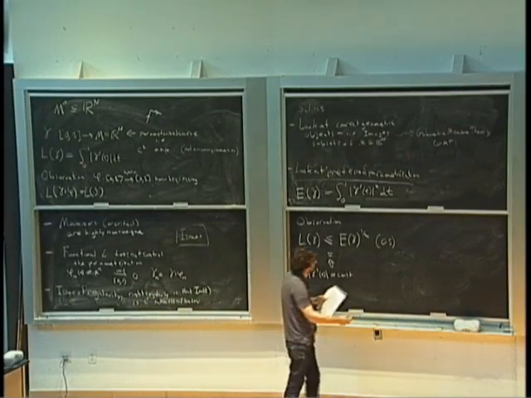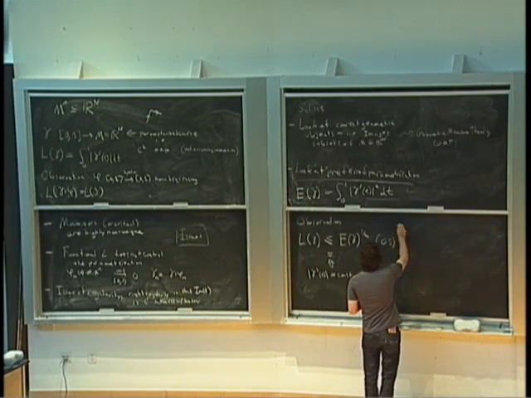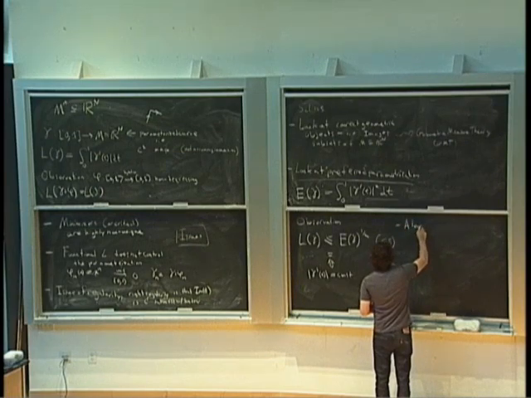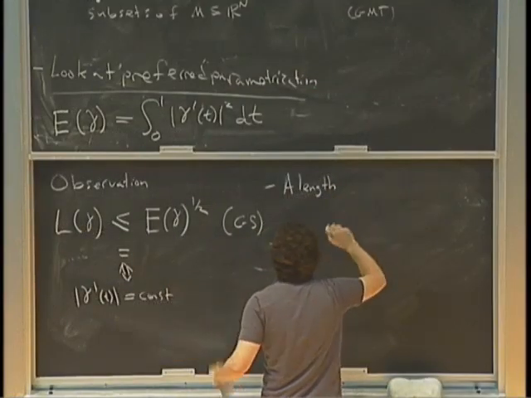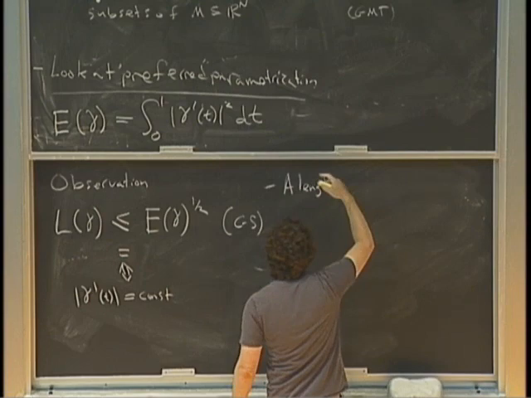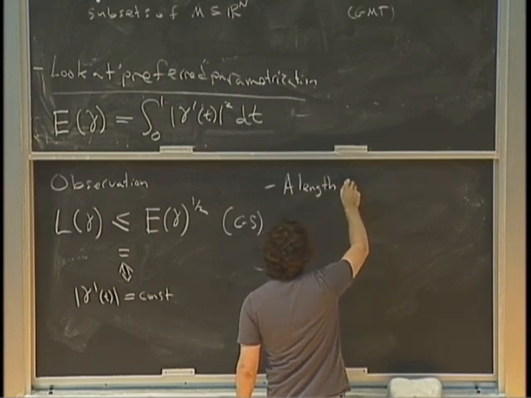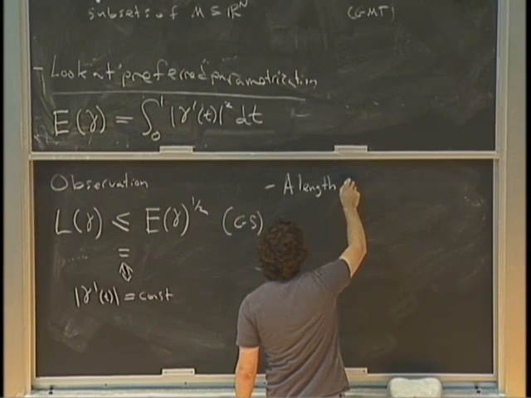Okay, so again, one observation is that a length minimizing curve, fix some endpoints, say. It's length minimizing if any other curve between those endpoints has at least that much length.